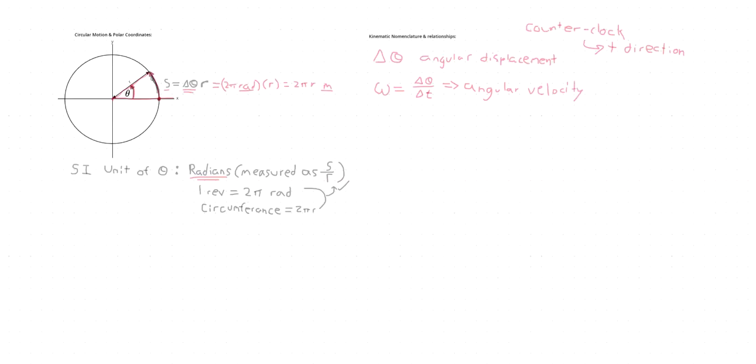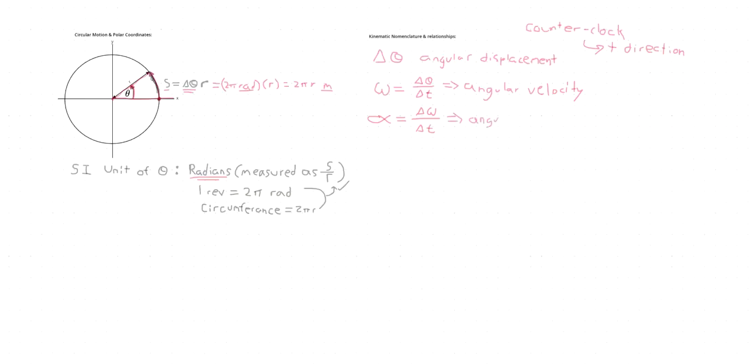And then if we can have angular velocity, what happens if our angular velocity changes, meaning the speed with which we travel around the circle changes, or the direction? That would mean we must be able to have an angular acceleration, just like regular acceleration, which was defined as a change in velocity over a change in time. Then an angular acceleration must just be defined as a change in angular velocity divided by a change in time. So that is angular acceleration.